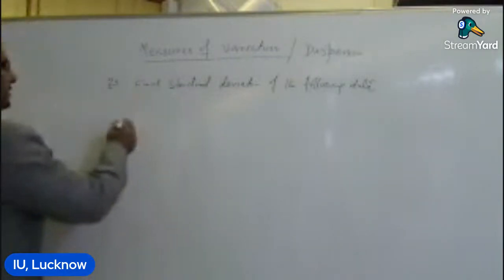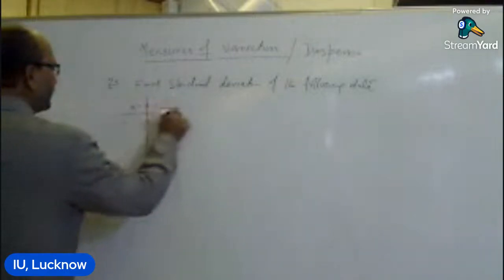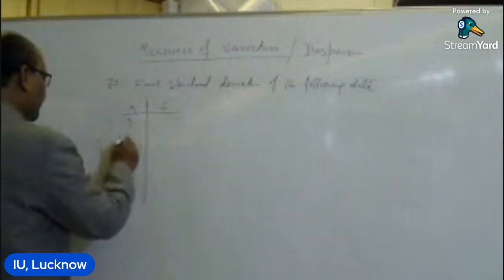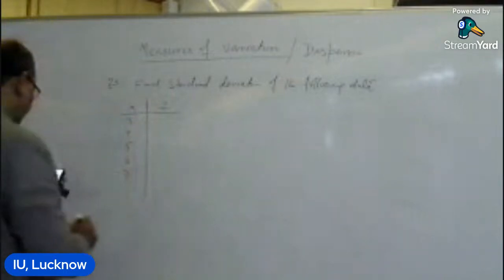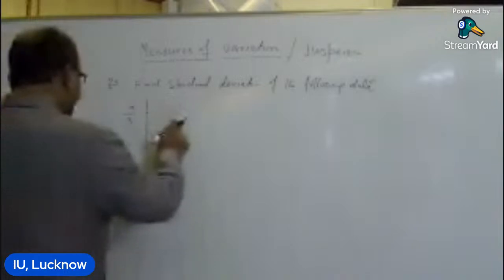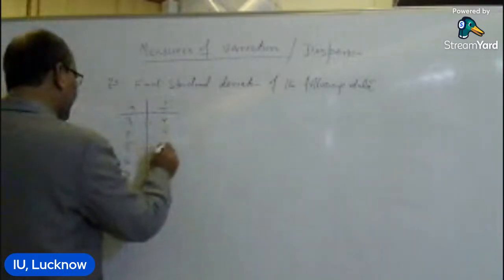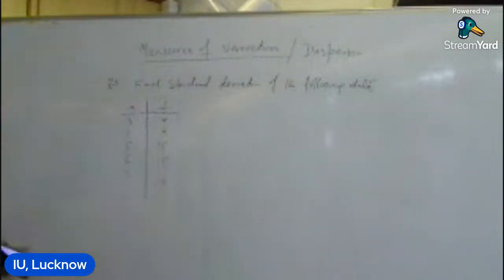So we take the data x with their frequency f, and the values are 3, 4, 5, 6, 7 and their frequencies are 4, 6, 15, 15 and 10. So this is given as group data.